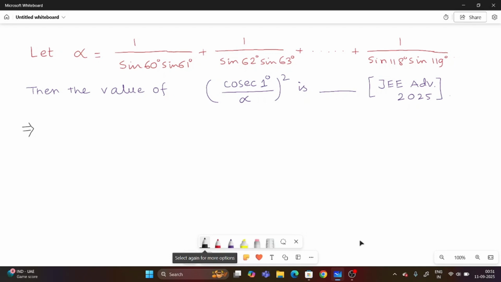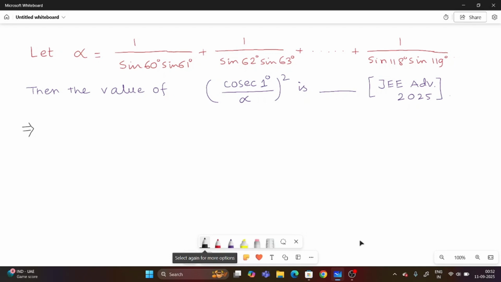So what is alpha? 1 by sin 60 into sin 61, plus 1 by sin 62 into sin 63, plus, continuing thus, the last term is given by 1 by sin 118 into sin 119.